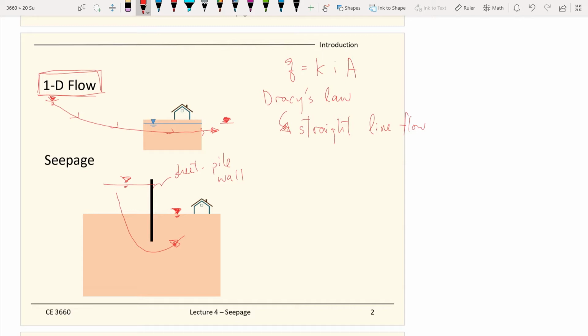But that doesn't apply anymore when you have a man-made structure. So instead of 1D flow, we call this seepage. This is not a straight line anymore.